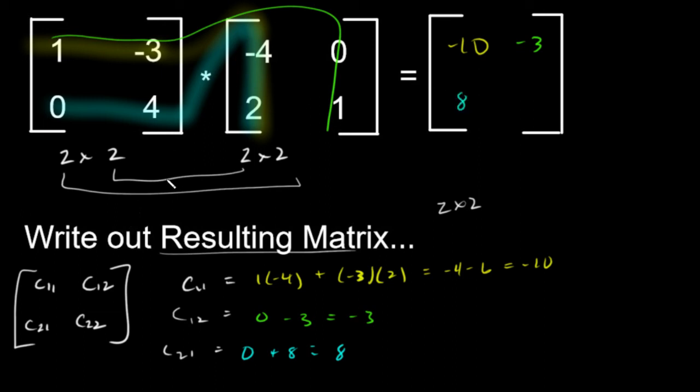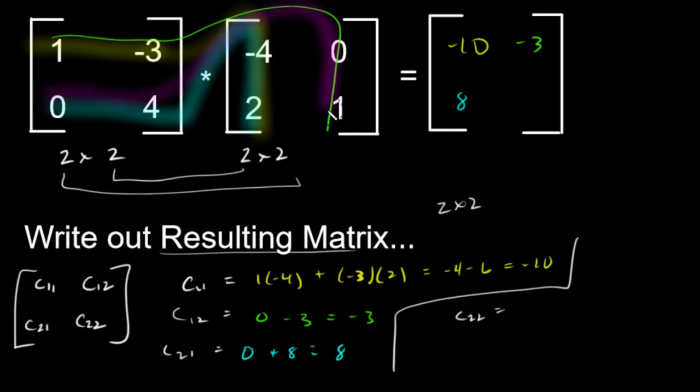And finally, C22. And C22 is second row, second column. Second row, second column. And that is 0 times 0, which is 0, and 4 times 1, so plus 4. And there you have it. There's your answer.